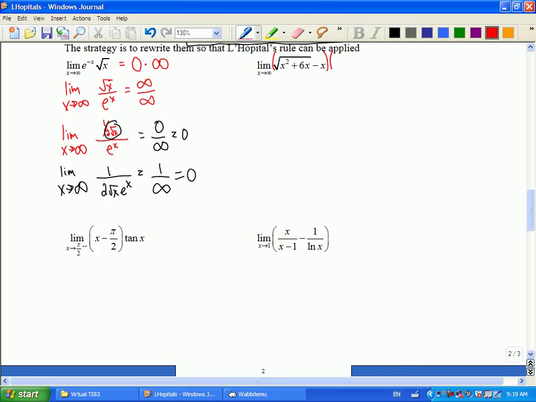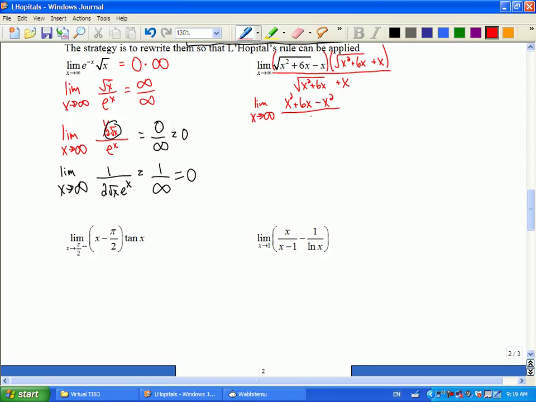So this will be root x squared plus 6x plus x. And on the bottom now, root x squared plus 6x plus x again. So use the difference of squares pattern just to make the algebra go quicker. And this will be x squared plus 6x minus x squared.